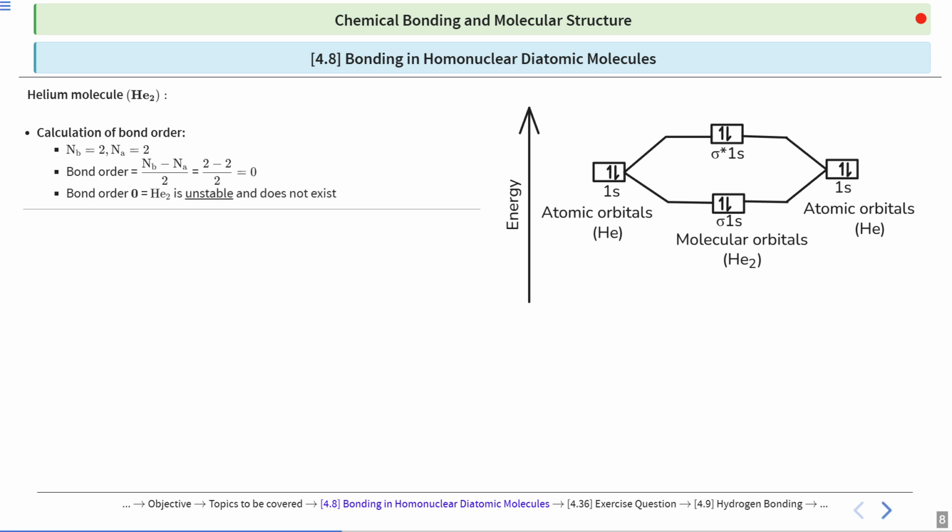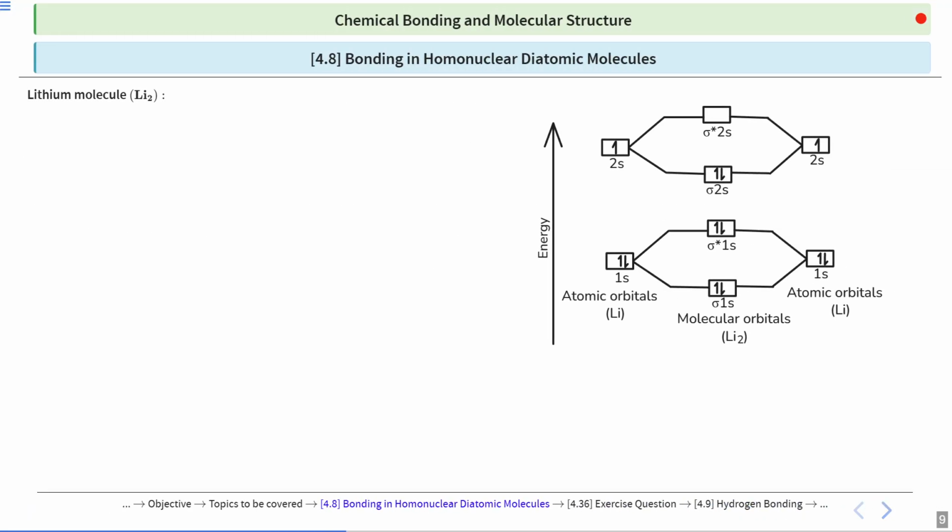That helium-2 is unstable and it will not exist in the first place. So, do we need to care about the magnetic nature? No, we don't need to, because the molecule does not exist in the real world. Okay. So, with this, let us move on to the next molecule.